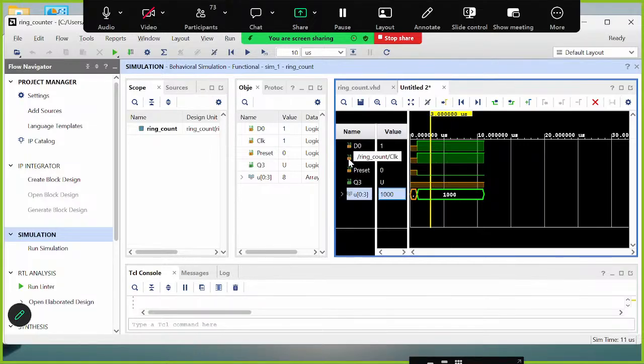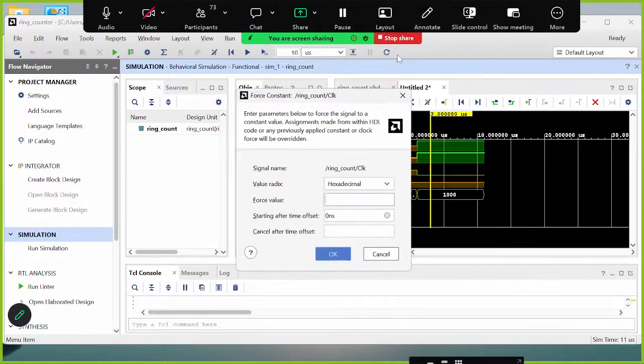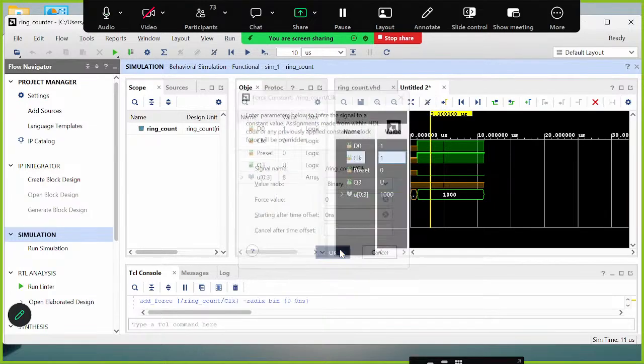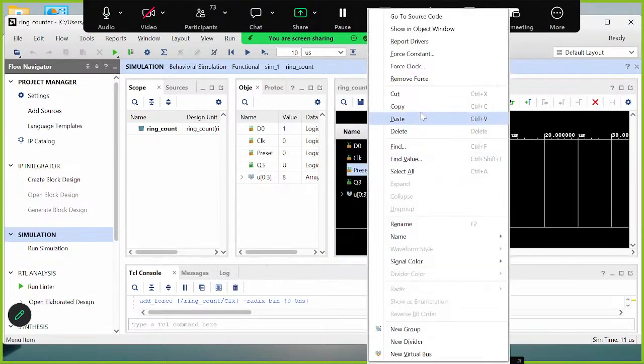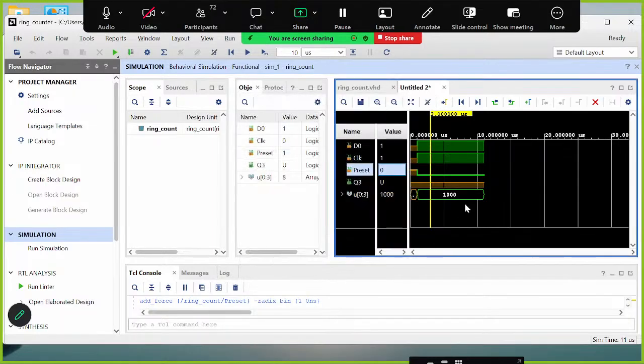Now let's make this preset 1. Let's make the clock transition, and disable preset because it is of active low nature, so we disable it by providing 1.